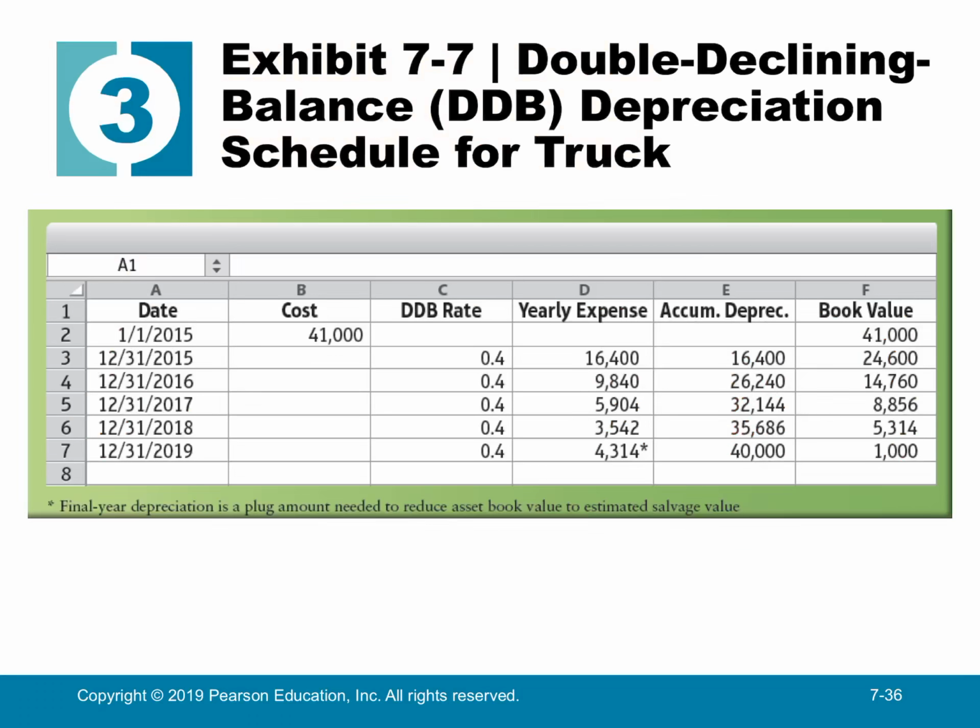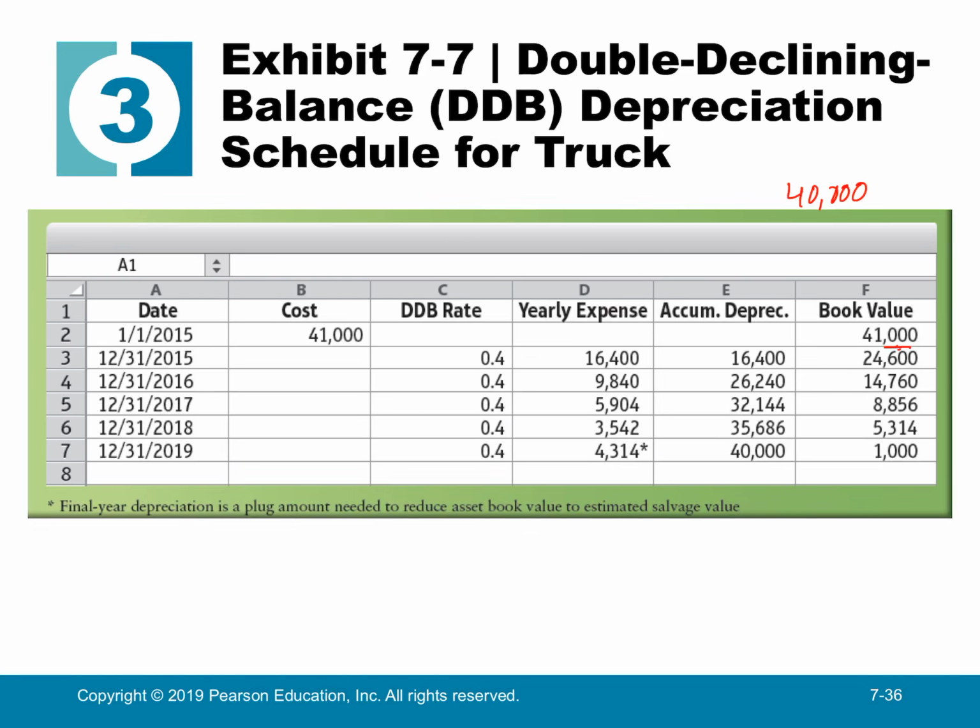So how does that 40% get used? Well, we're going to have our book value. This is a little bit different. Before, when we were doing depreciation with straight line method or with units of production, we were depreciating based on $40,000 worth of depreciable cost. We still consider that, but with double declining balance, it's a little bit of a different method, okay?